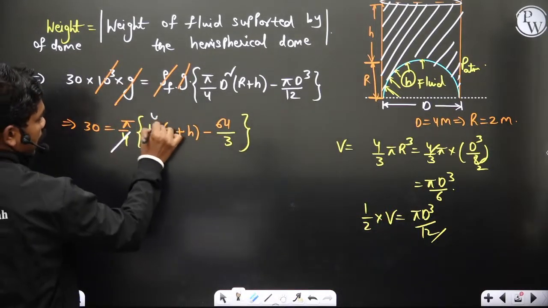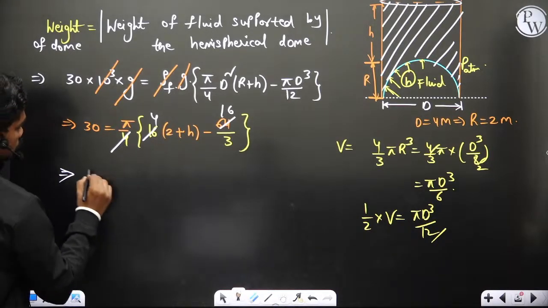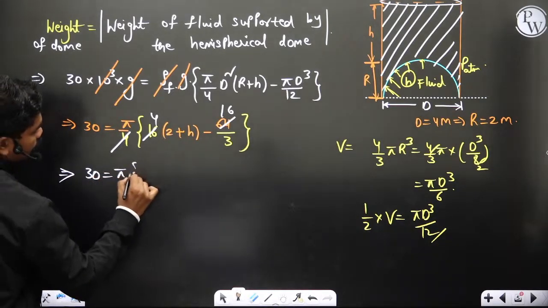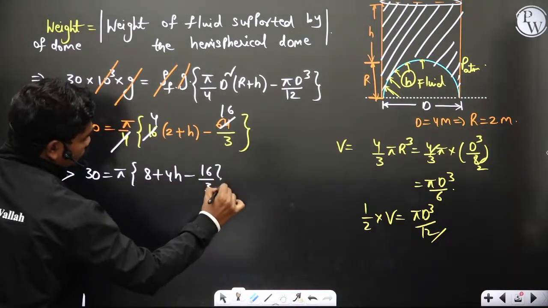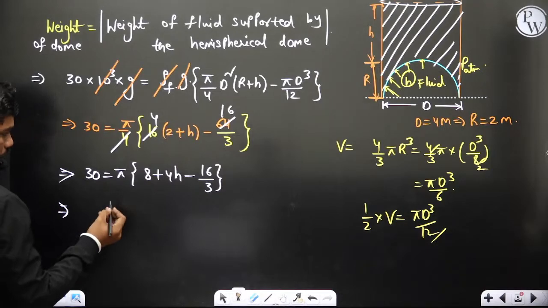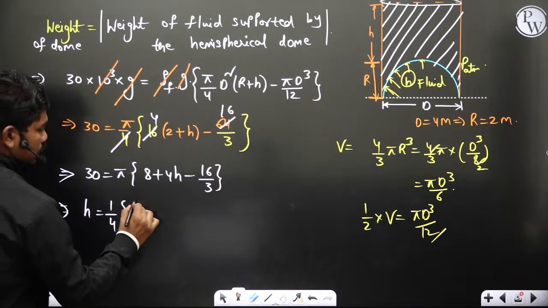So 4 and 16. If you simplify this, then 30 is equal to pi times of 8 plus 4h minus 16 by 3. So h is equal to 1 by 4 times of 30.